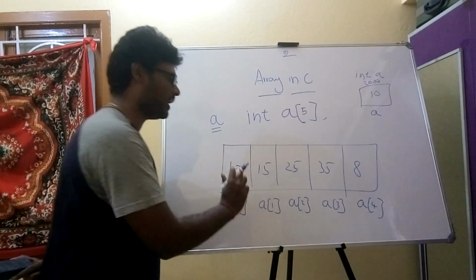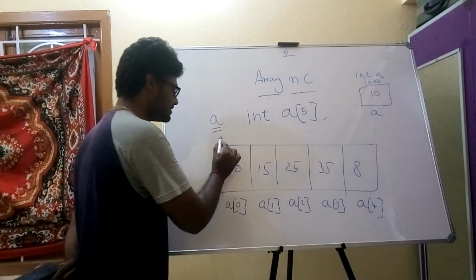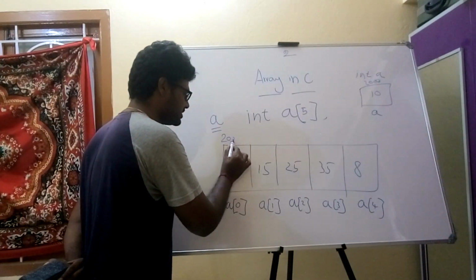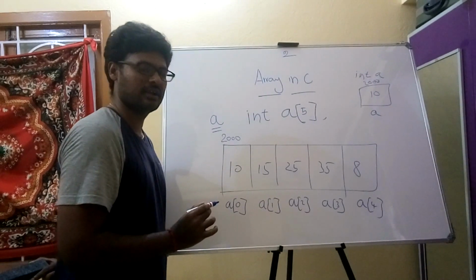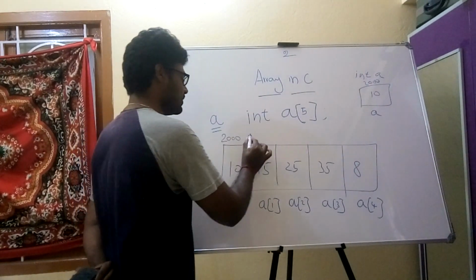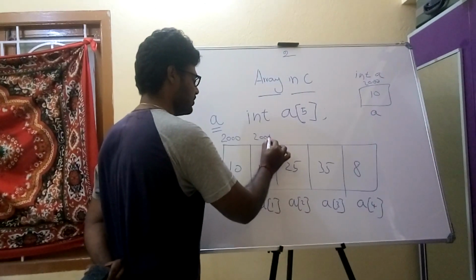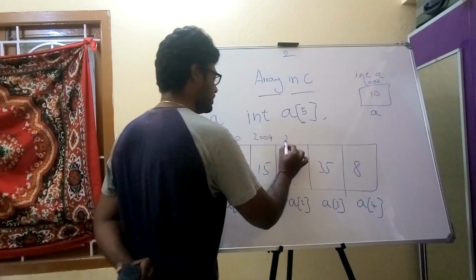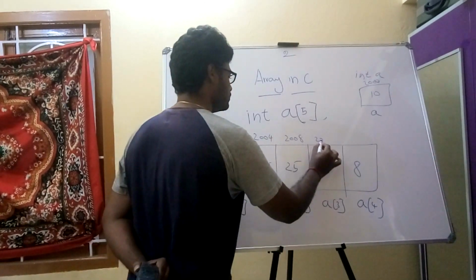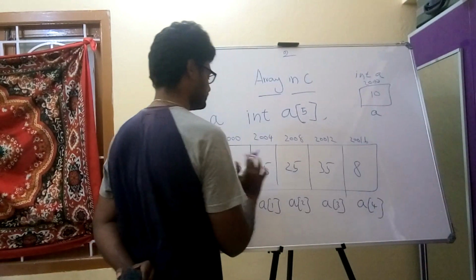So this is an array with 5 elements. Say for example, the first memory location is 2000. In the sense, A of 0, the value 10, is stored in the location 2000. 15, A of 1, is stored in the location 2004, then 2008, 2012, 2016.